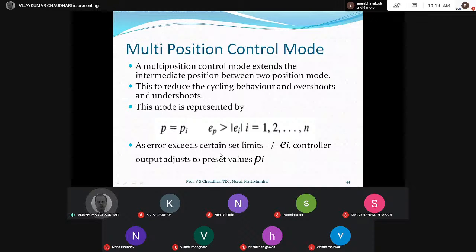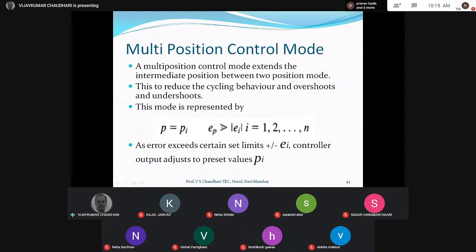As the error exceeds certain set limits, plus or minus Ei, the controller output adjusts to the preset value Pi. So P is equal to Pi for Ep greater than the absolute value of Ei, for i equal to 1 to n. This is how multi-position control is expressed.